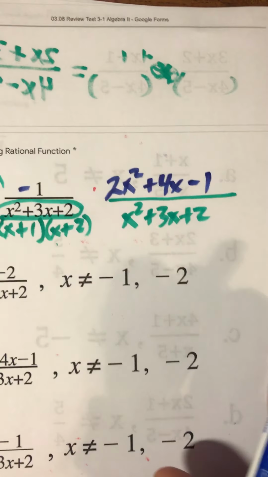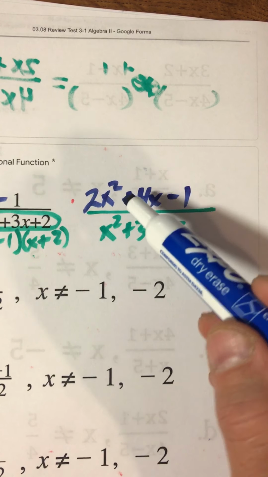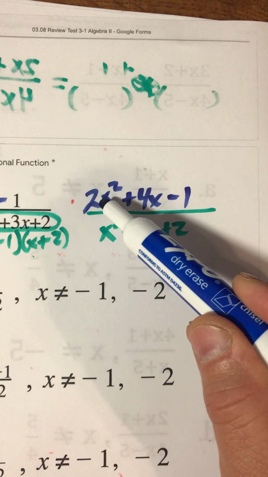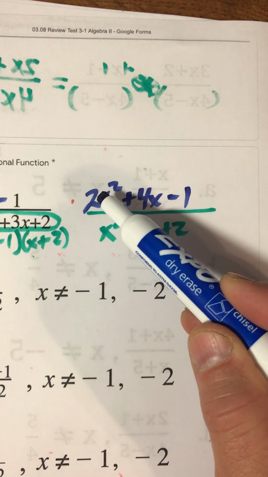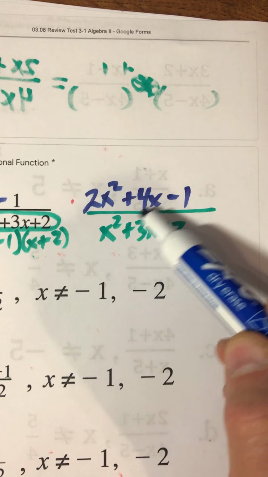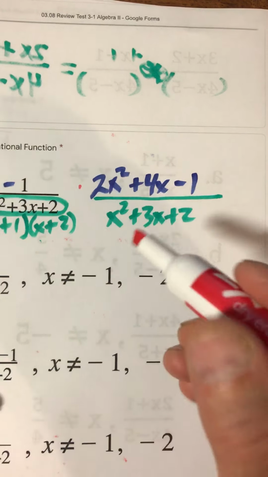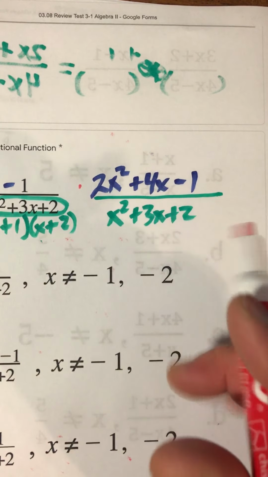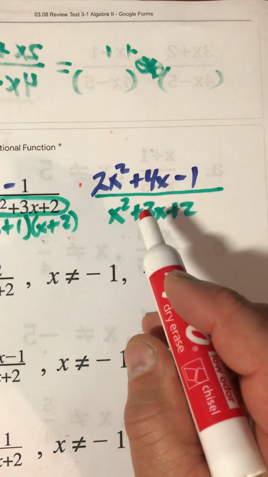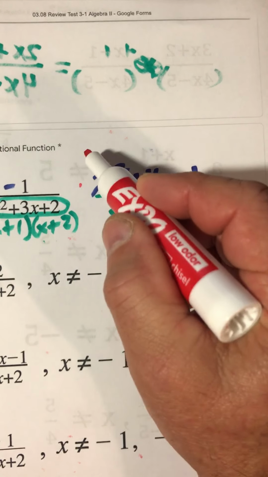Okay, so now I have a trinomial that we see written normally in descending order, where you've got your largest term, x squared, x, constant. So we want to continue factoring here. So let's see what happens after I factor here.